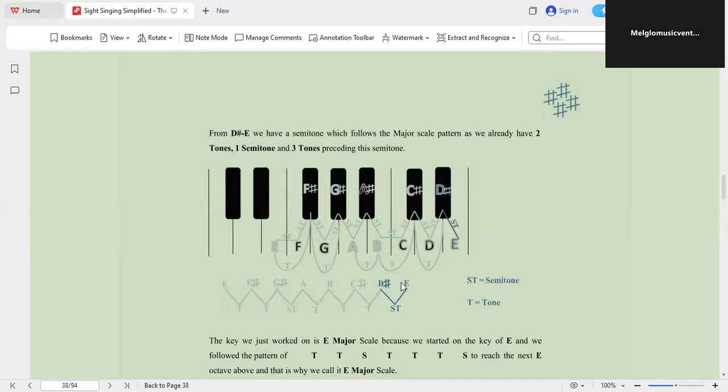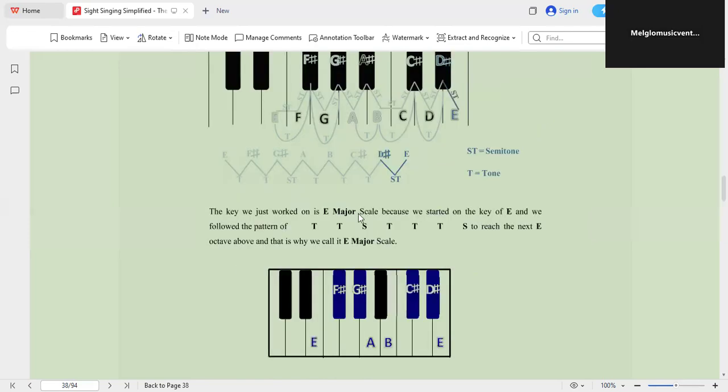So we now have the major scale pattern of E to E, which follows the pattern of tone, tone, semitone, tone, tone, tone, semitone. So the key we just worked on is E major scale, because we started on the key of E and we follow the pattern of tone, tone, semitone, tone, tone, tone, semitone to reach the next key of E, the octave above, and that is why we call it E major scale.